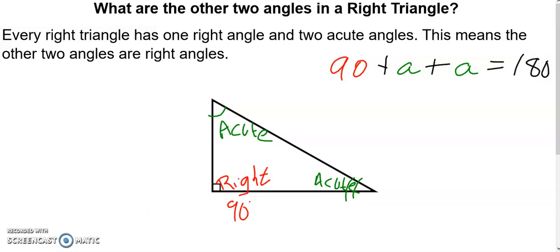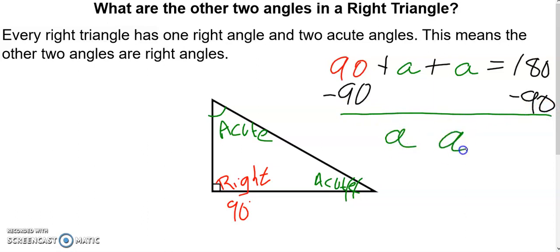So if I subtract this 90 from both sides, just kind of a fun fact. I like this one. The two acute angles together, whatever they measure, both together would have to be 90. Always nice to know.